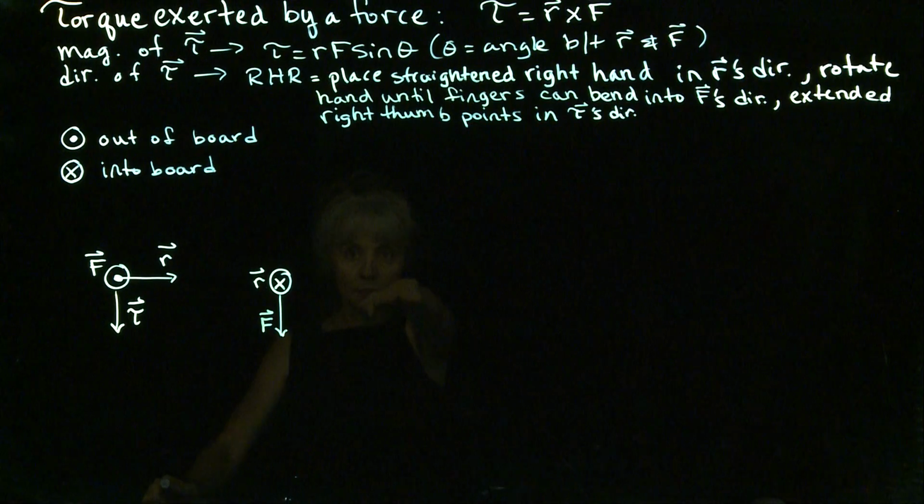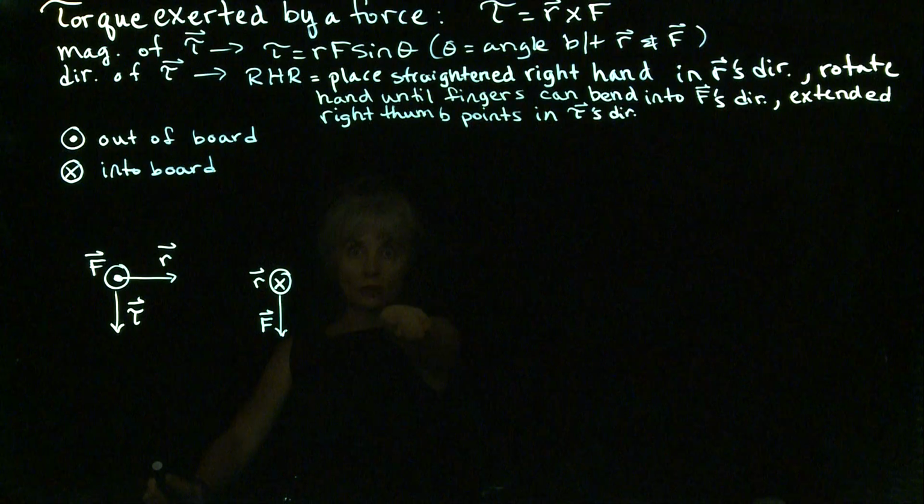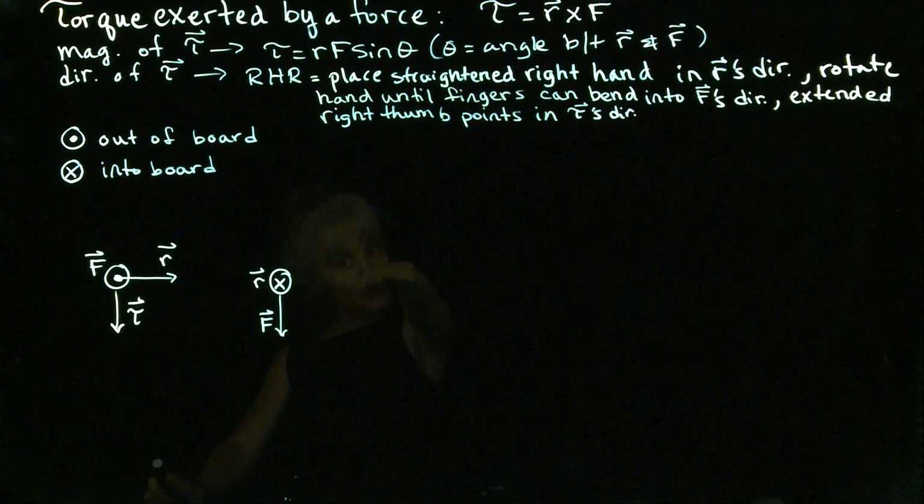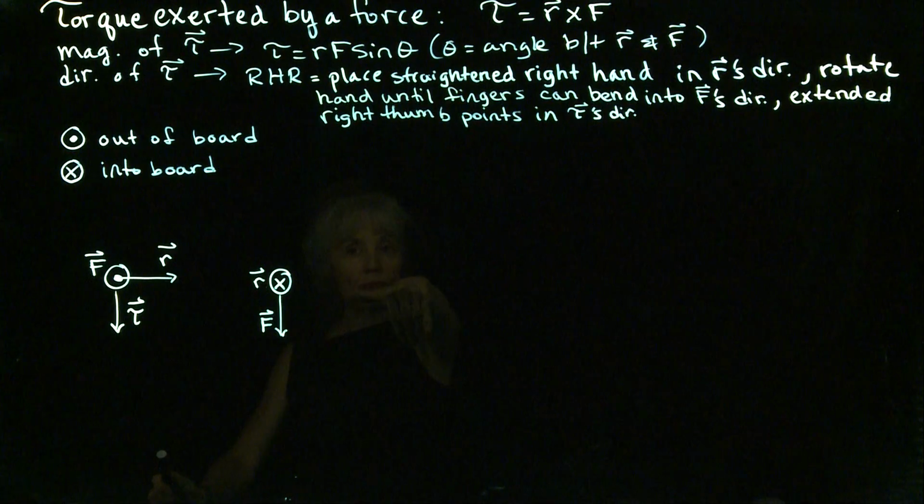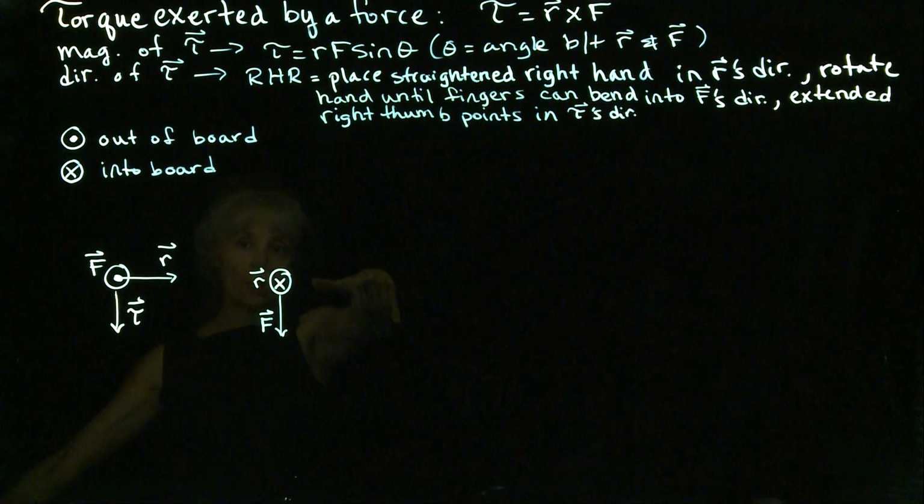R points into the board, so I want my right hand to be pointing into the board, straightened. Now I want to rotate my right hand until my fingers can flip into the direction of the second vector. Notice the only way that can happen is if my palm is pointing down. Then my fingers can point into the direction of the second vector. Then I extend my right thumb. My right thumb points in the direction of the resultant vector, and that direction is going to be now to the left.